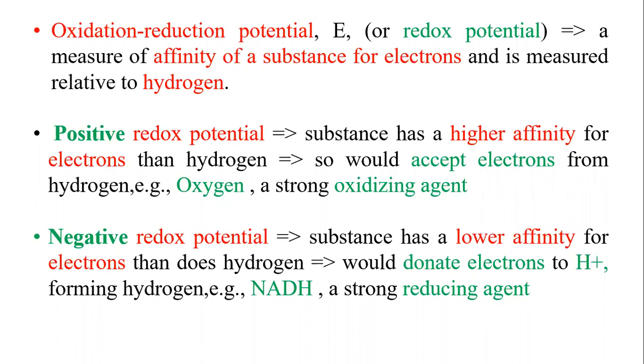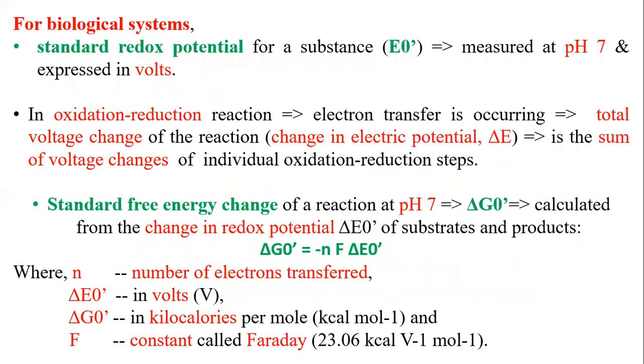Negative redox potential means the substance has a lower affinity for electrons than does hydrogen, would donate electrons to H+ forming hydrogen, for example, NADH, a strong reducing agent. For biological systems, standard redox potential for a substance E0 is measured at pH 7 and expressed in volts.